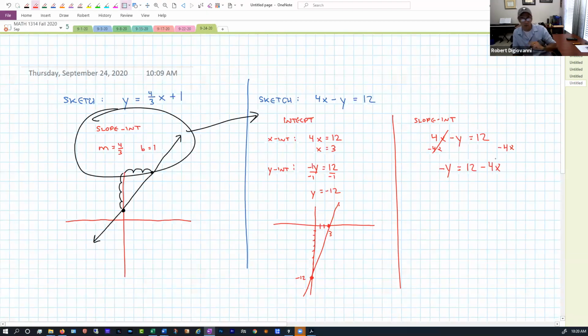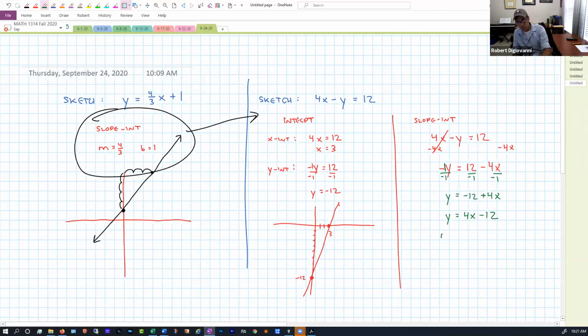Now here's a critical step to this problem. You have to get rid of the negative in front of the y. So you have to divide everything by negative 1. So that would leave you with y equals negative 12, and then a negative over a negative would give you plus 4x. And then you rearrange it so that you have y equals mx plus b. And so you have 4x minus 12.